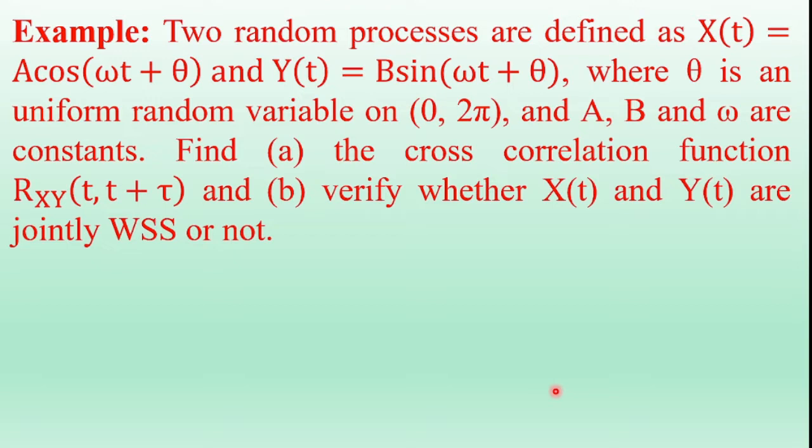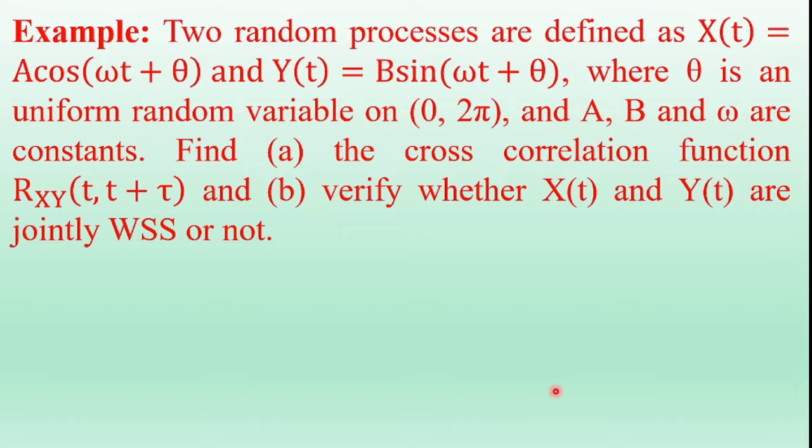In this video, I am going to discuss the cross correlation function of the random processes x of t and y of t, and verify whether they are jointly WSS or not.